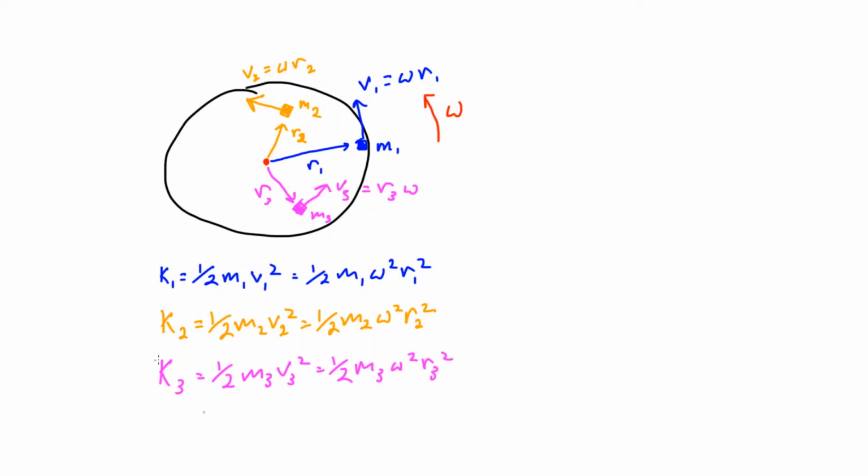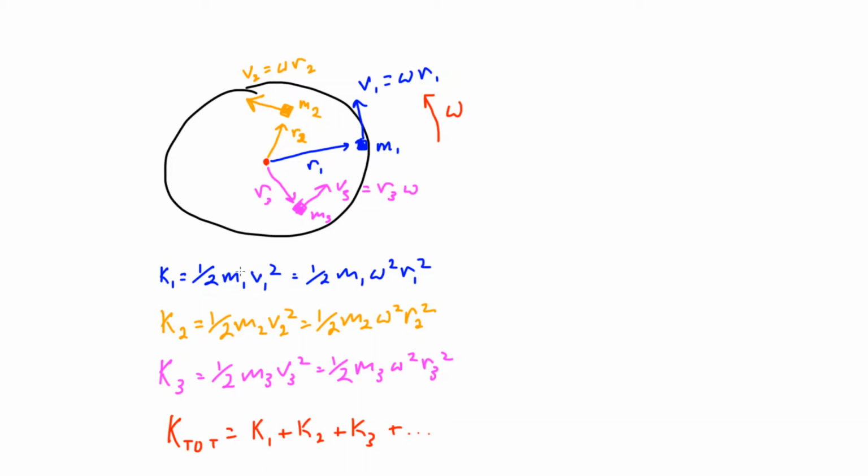Now if I want to calculate the total kinetic energy of the wheel, I can just sum up all these kinetic energies. K total equals K1 plus K2 plus K3, and so on. Obviously, there are many more than 3 chunks of mass in this wheel.